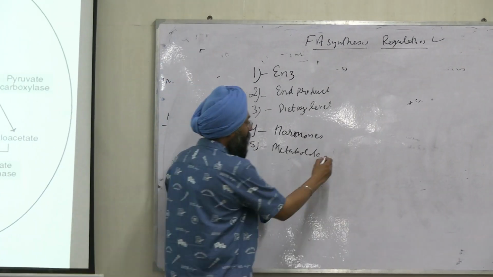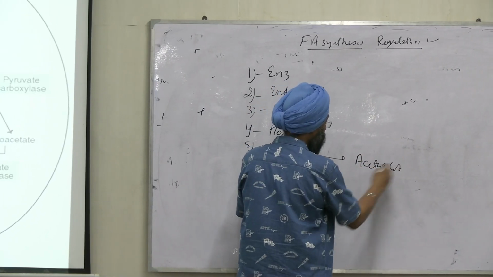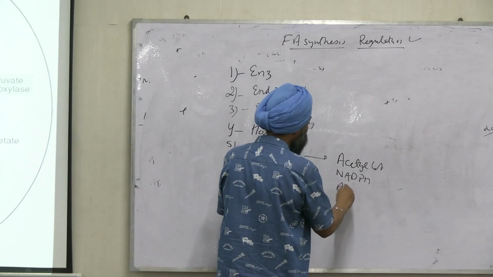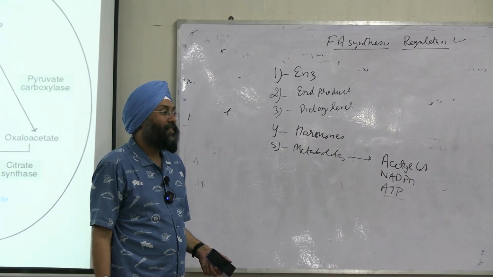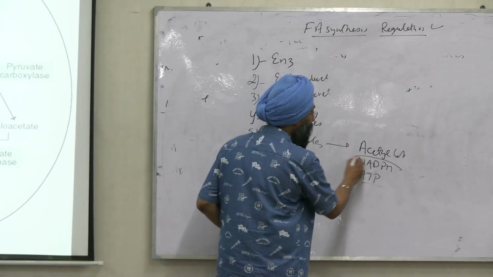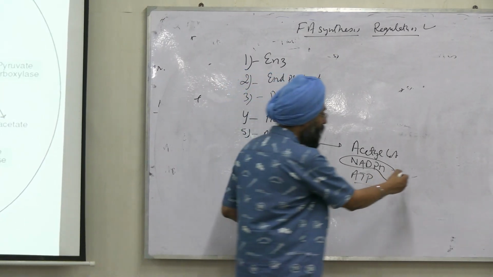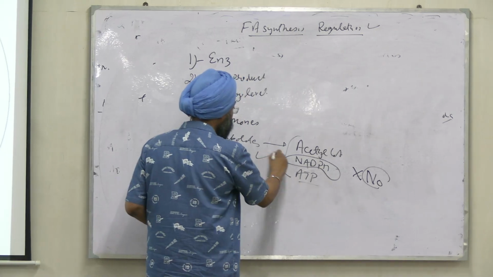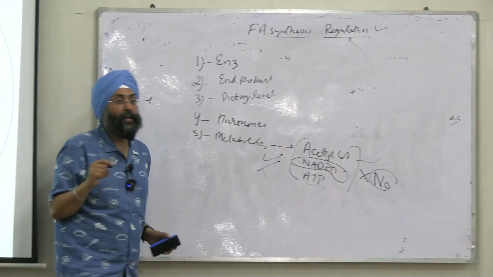Metabolites are, one is acetyl CoA, second is NADPH, third is ATP, right? These are the three raw materials. When you don't have enough NADPH in the body, will the body go for fatty acid synthesis? Answer is no. If these three raw materials are sufficient, then the body will go for fatty acid synthesis. Otherwise, the body will not go for fatty acid synthesis.